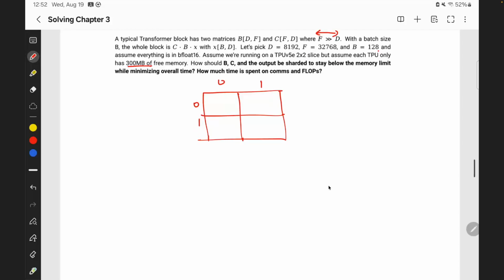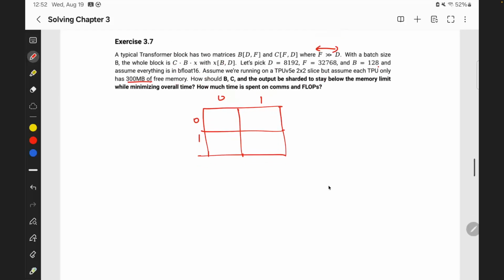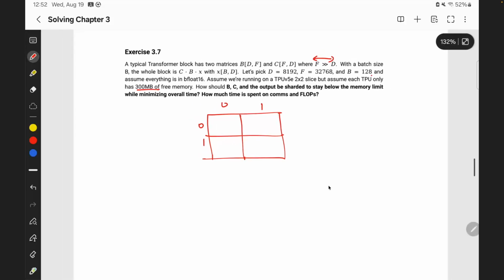So we will follow the notation from the book, and the book suggests first calculating how much memory each of our matrices consumes.